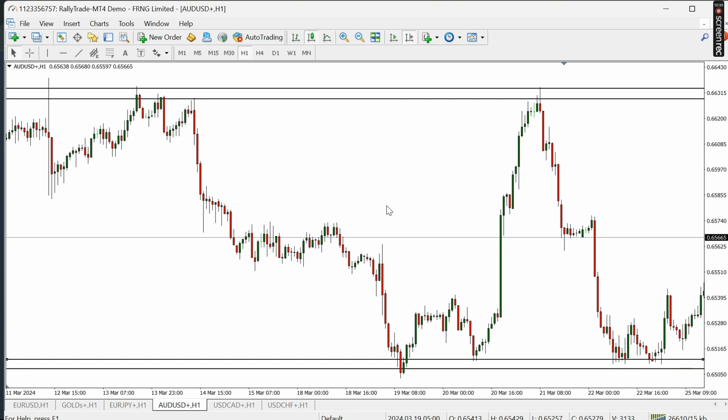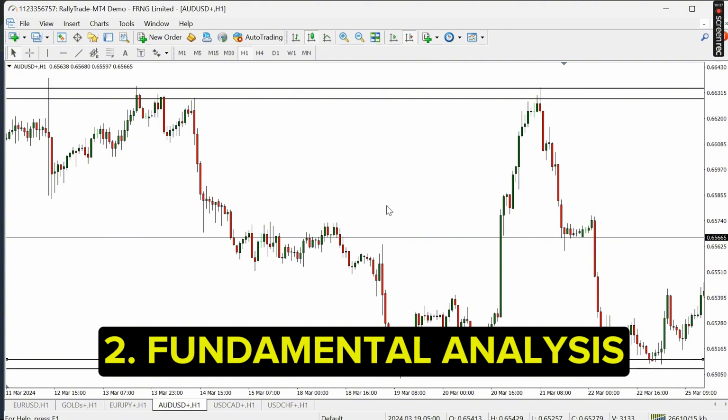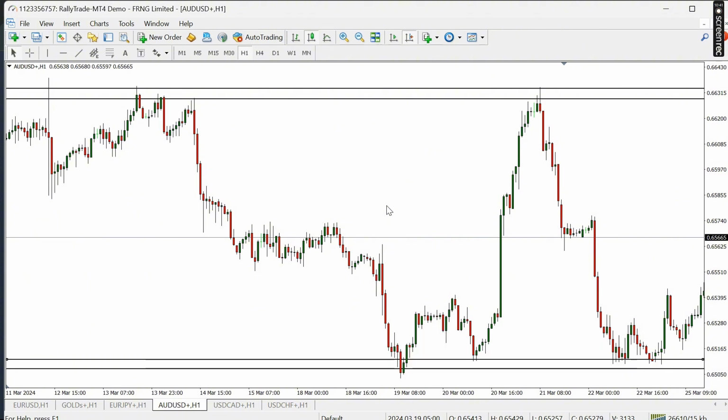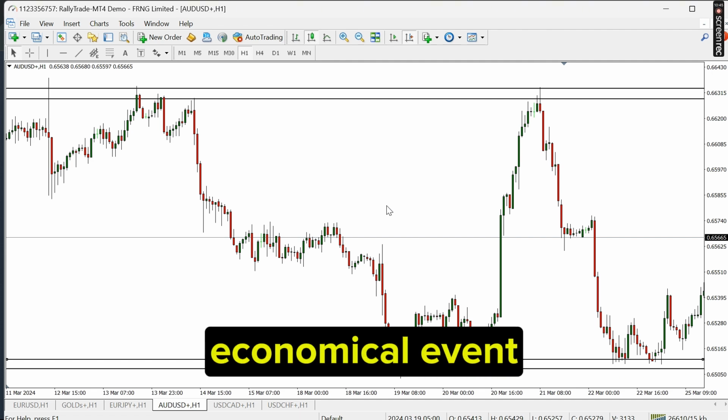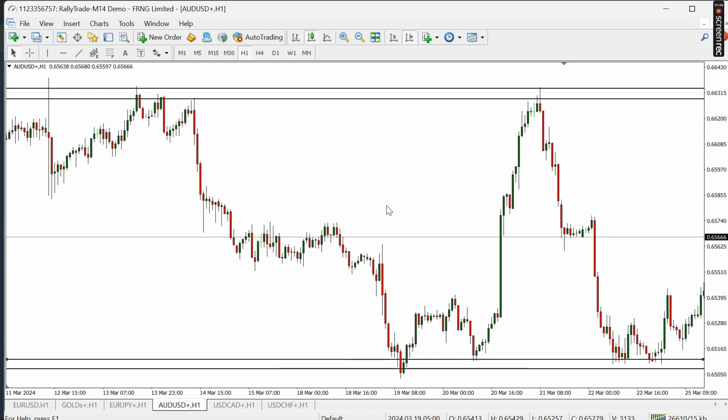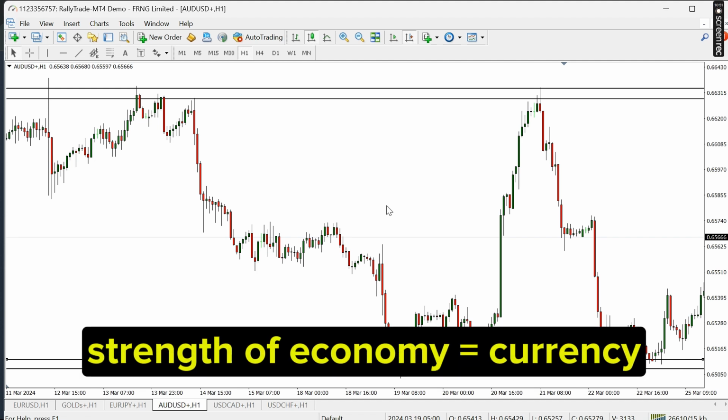The next one is fundamental analysis. Fundamental analysis has to do with economic events. We are dealing with currency pairs, and the strength of a particular economy is its currency.